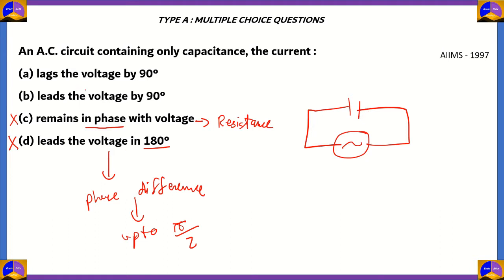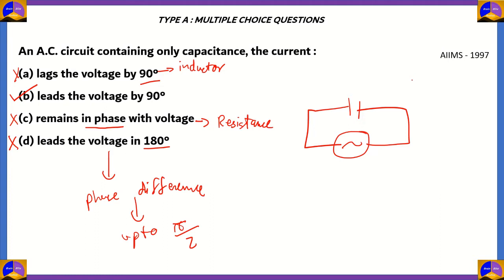Option A lags the voltage by 90 degrees. So current is actually coming behind the voltage. So over here, voltage is leading current by a phase difference of 90 degrees. Again, this is present when we have an inductor only in an AC circuit. So option A is incorrect. The right answer is option B, leads the voltage by 90 degrees.